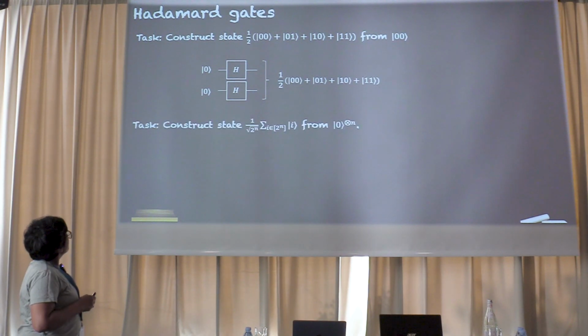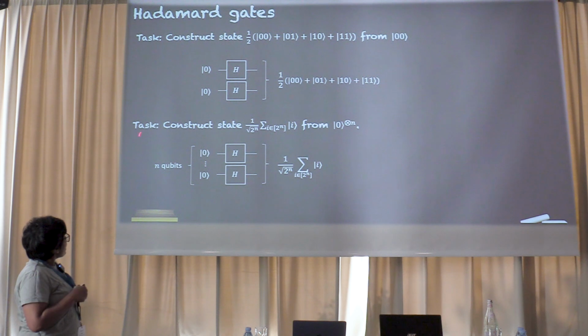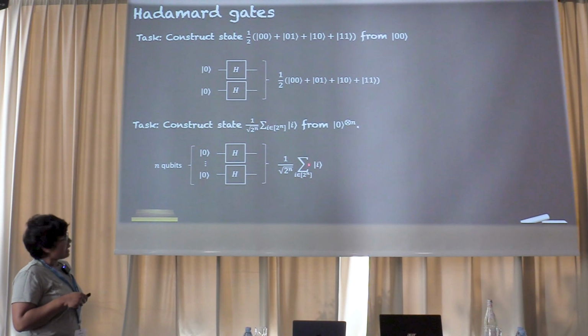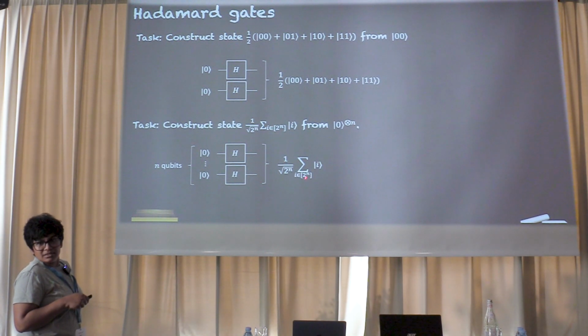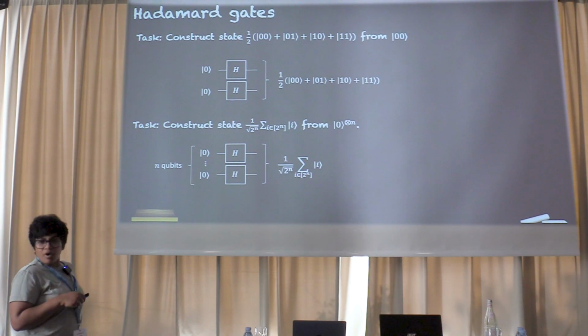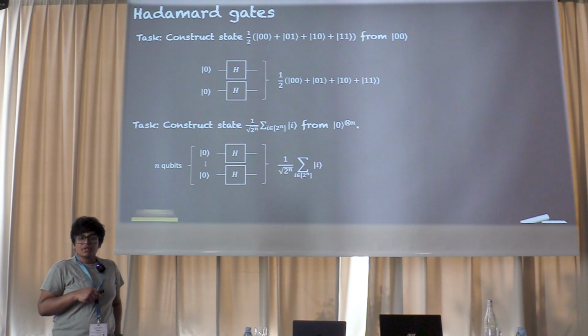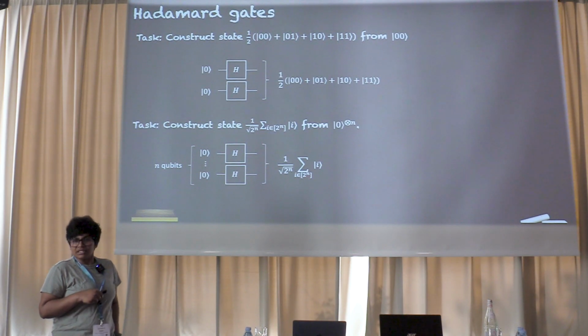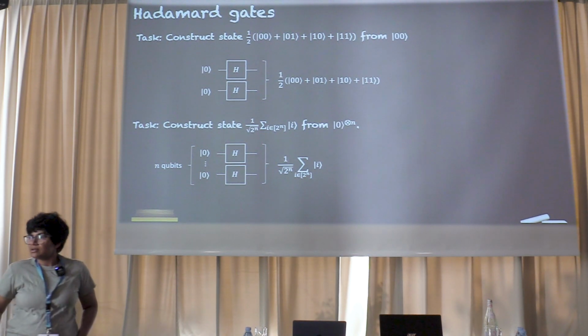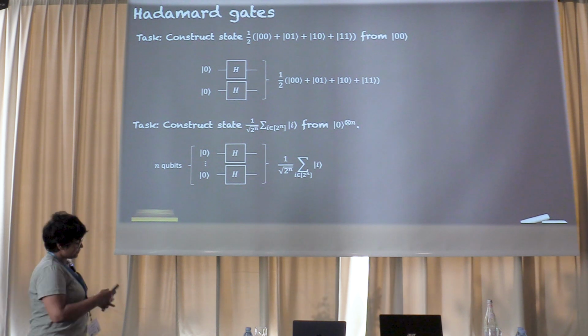Now, if I have n qubits, meaning n zeros, and I apply Hadamard on all of them, what I end up getting is this state: a superposition of all possible indices in 2^n, with this normalization factor. Basically, a uniform superposition of all indices in 2^n, because I'm using n qubits. Is that clear? Okay.